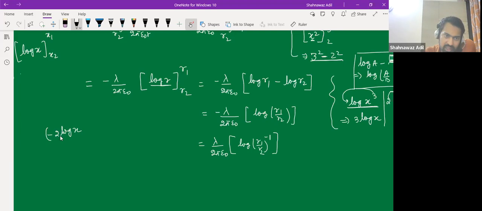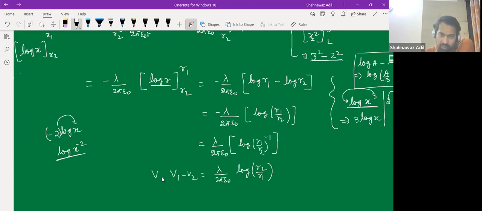If I take this minus 2 inside, this would be log of x to the power minus 2. Similarly, this is minus 1, so it goes in the power. And if this is power minus 1, this will reverse, and it will become R2 by R1. So is this point clear to you? Yes.